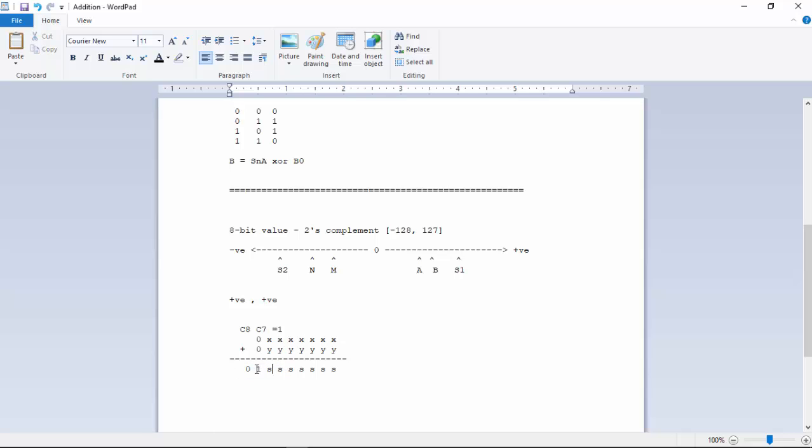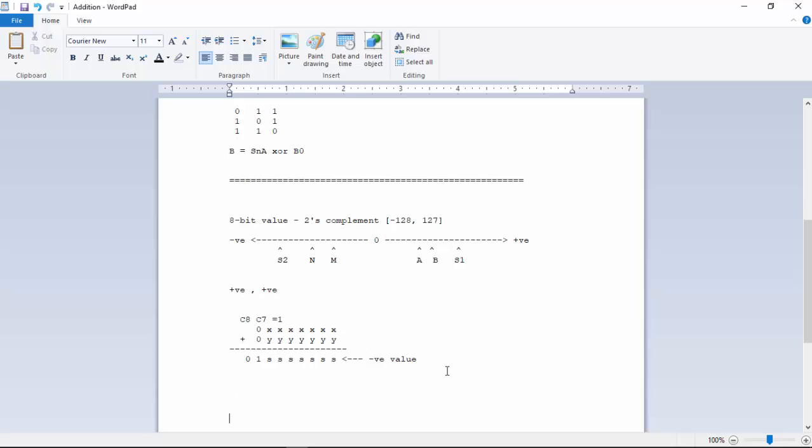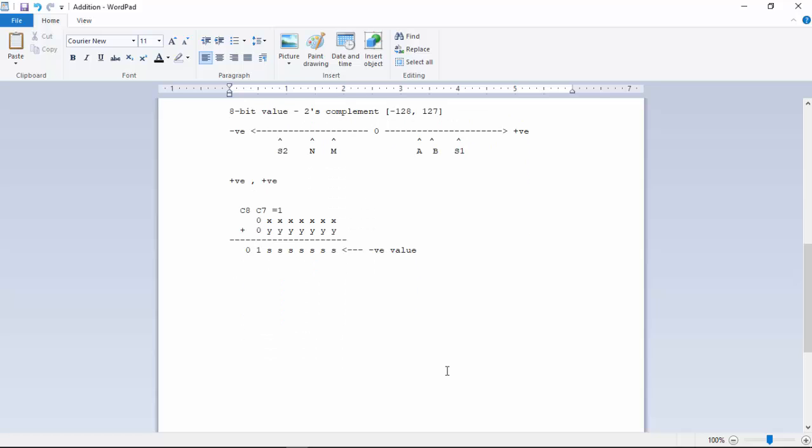By 2's complement form, this 1 followed by some bits is a negative value. So two positive values giving rise to a negative value is definitely wrong, right?